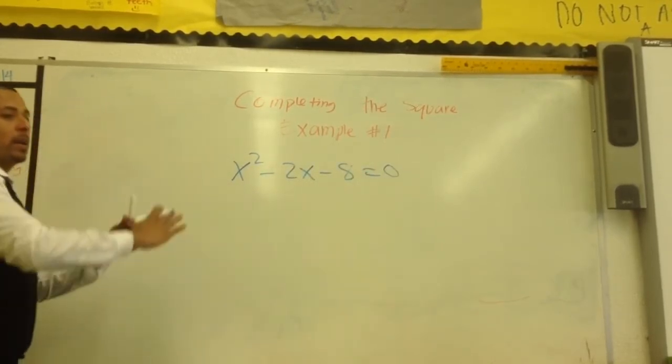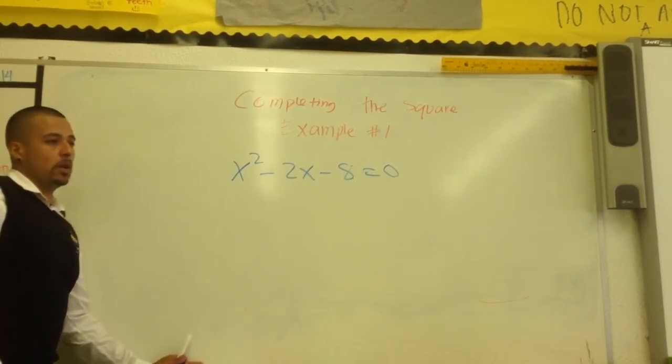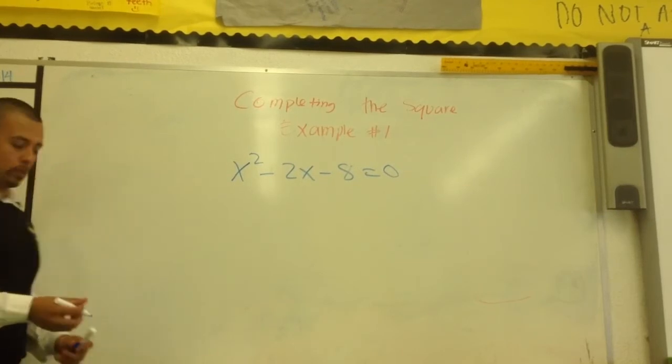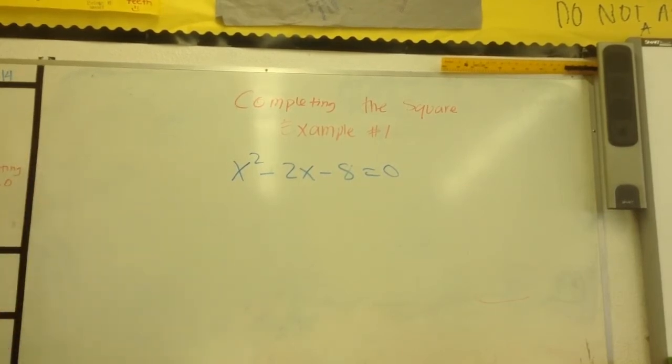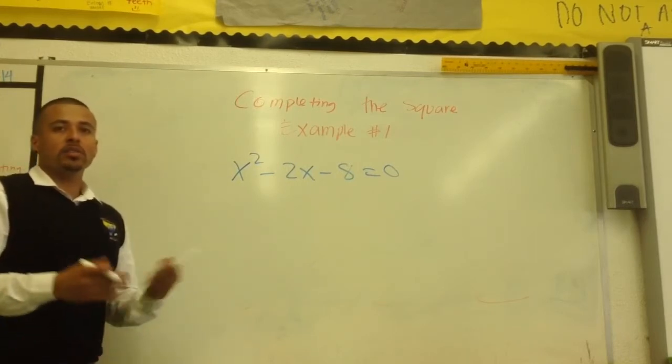Remember you're writing in big letters because you're only going to do one example for that page, and then on the back of that same page you're going to do the second example.